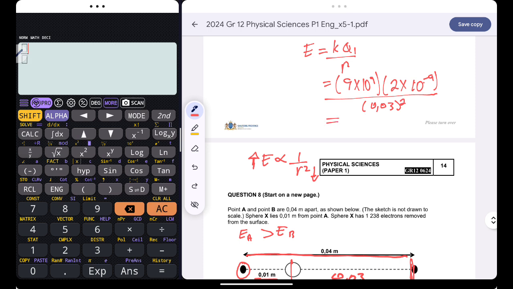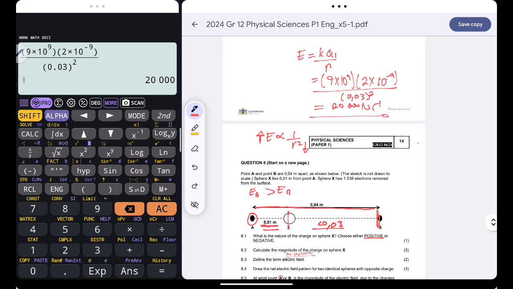So the electric field is just 9 times 10 to the power 9 multiplied by 2 times 10 to the power of -9 all over 0.03 all squared. This will just give me 20,000 newtons per coulomb.